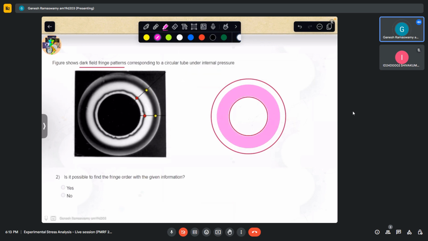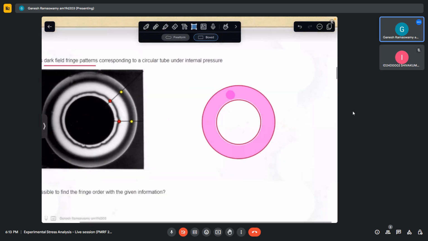Let us take it to be like that for ease of understanding. And this is subject to an internal pressure. We know that pressure is invariably perpendicular to the surface. So, we have pressure applied like that.